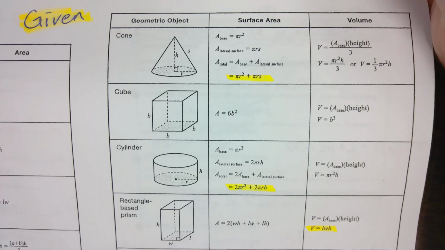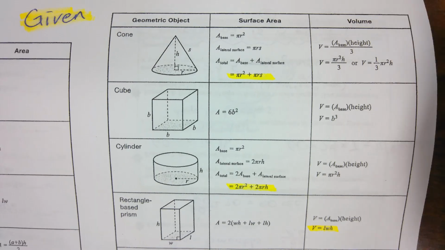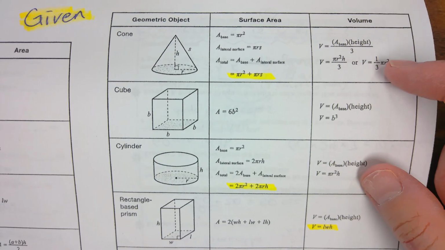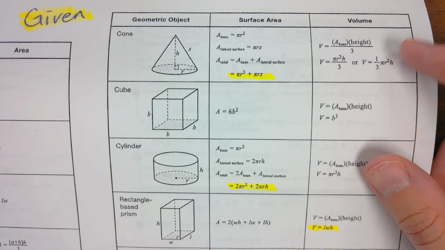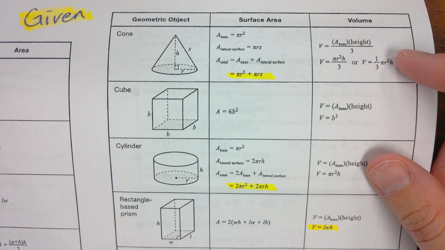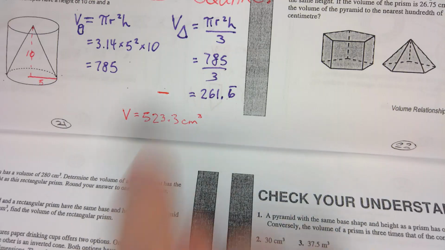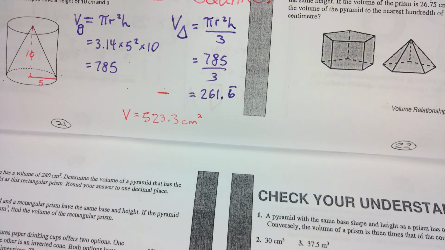Okay, and then Martin, your question, you were asking about the 2/3? Can you just do 2/3 pi r squared h for the next question? Let's see if we could.